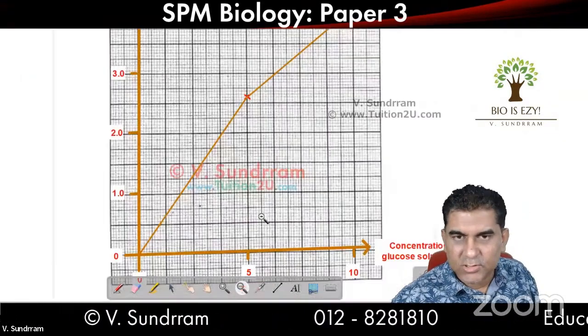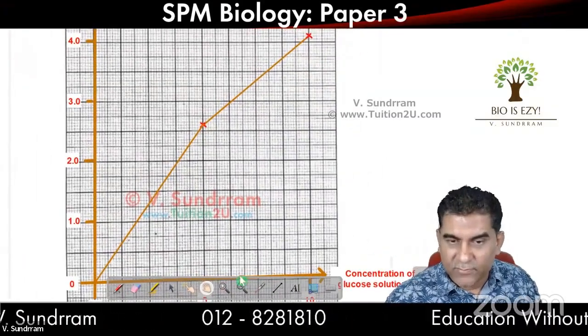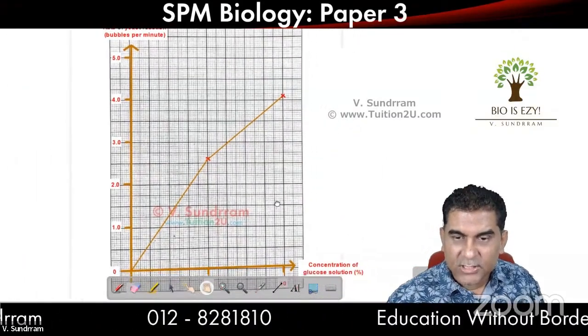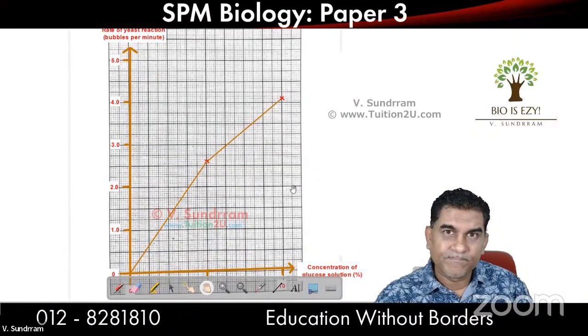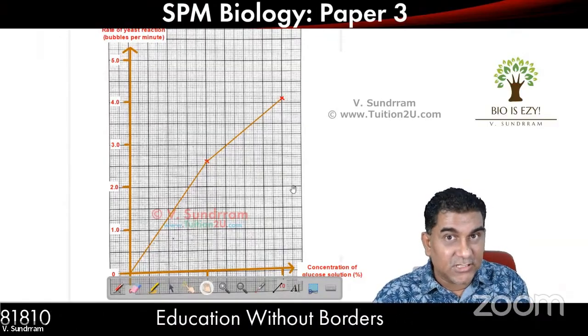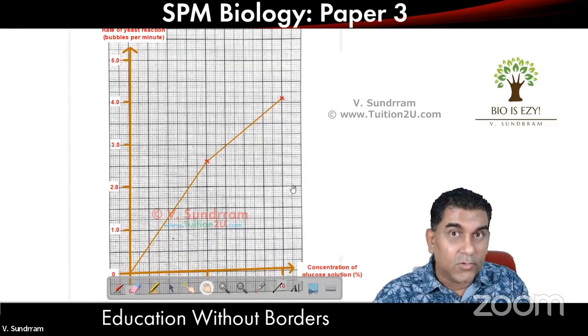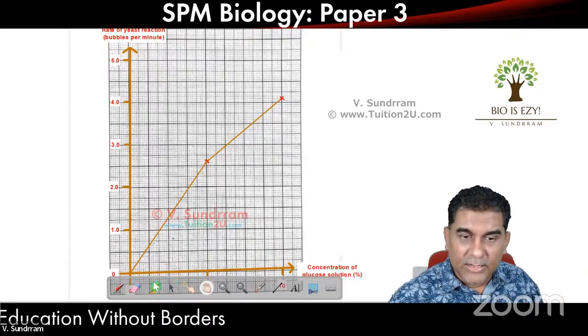Many students do this. Now, you might have to do that for physics, which is you extend the graph. You don't do that for bio. For physics, normally, again, you have to check with your physics teacher what you're supposed to do. But for bio, you cannot extend the line because we don't know how the line is going to be.